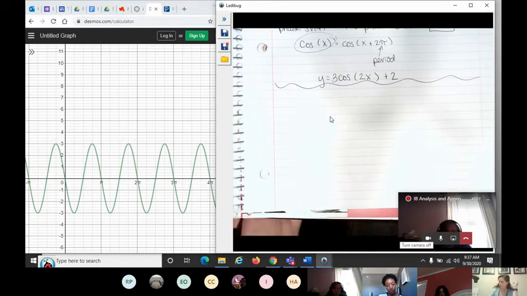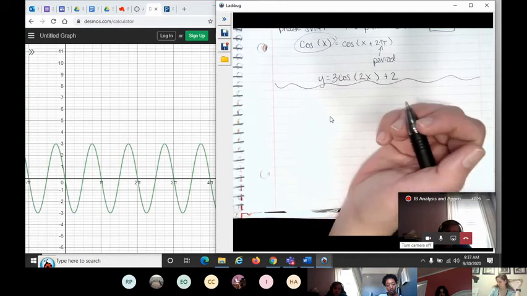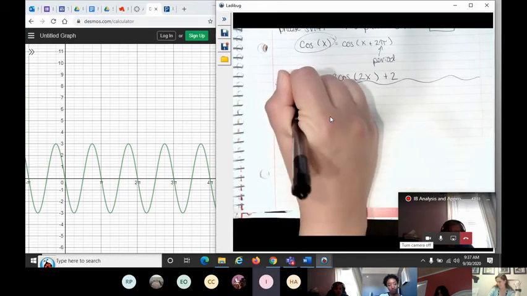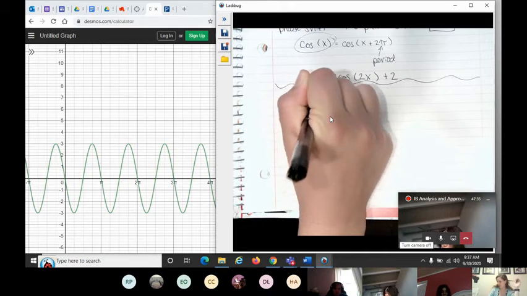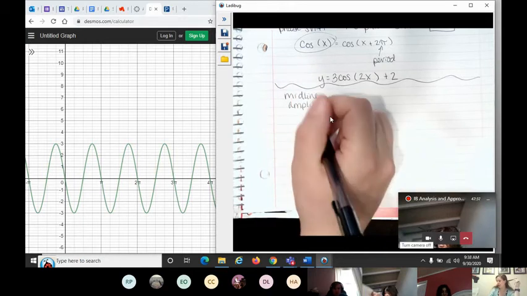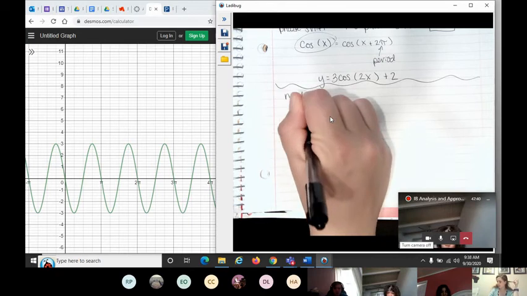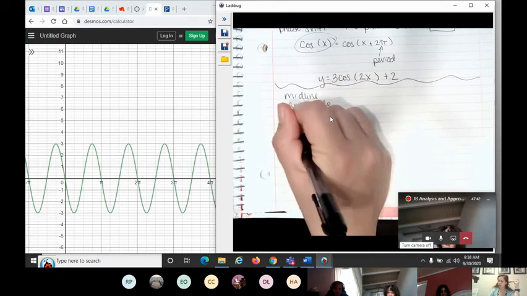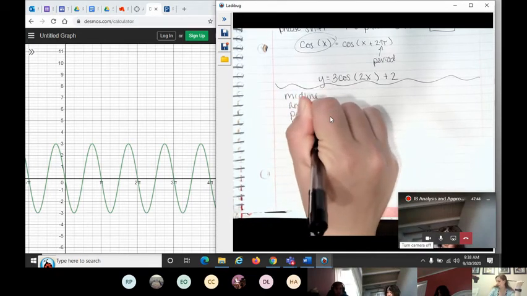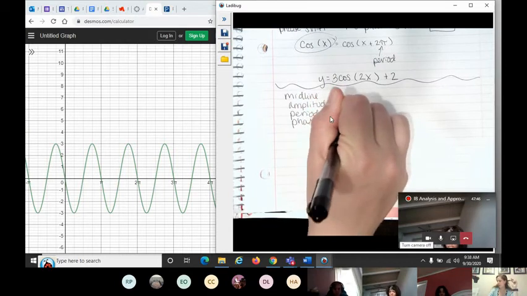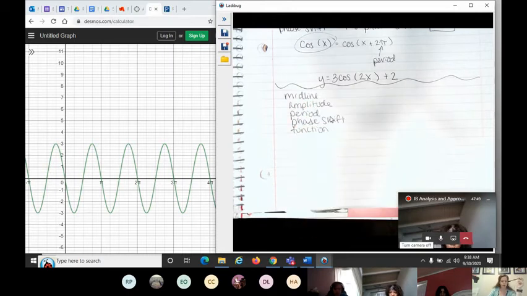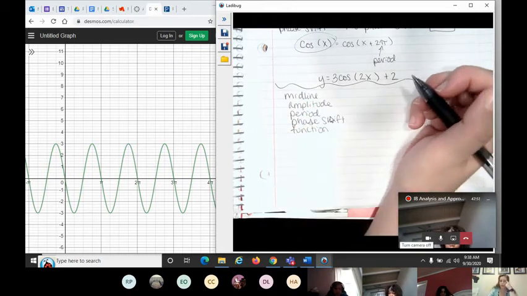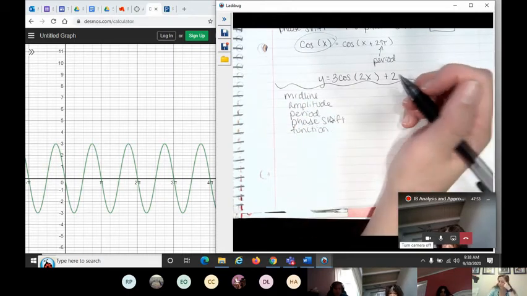What do you want to find first? The midline. Okay. Start with the midline. We need to do the amplitude, the period, a phase shift, and we need to figure out what function it is. Okay, so Imani wanted to start with the midline. So what's halfway between that max and min?